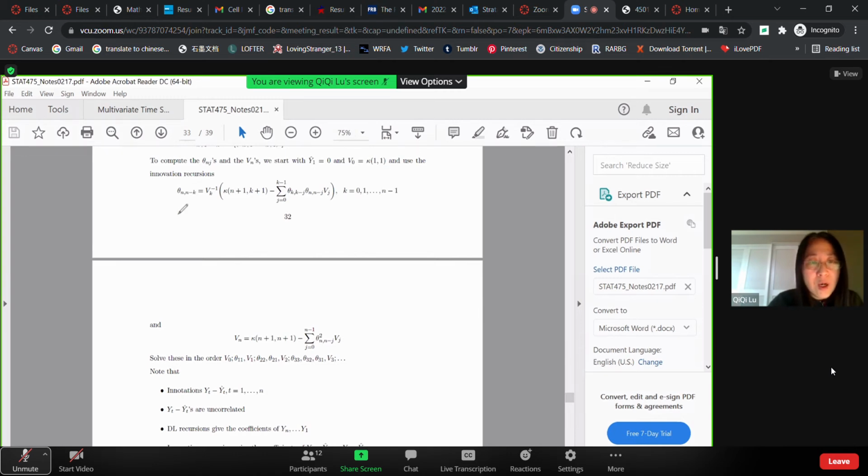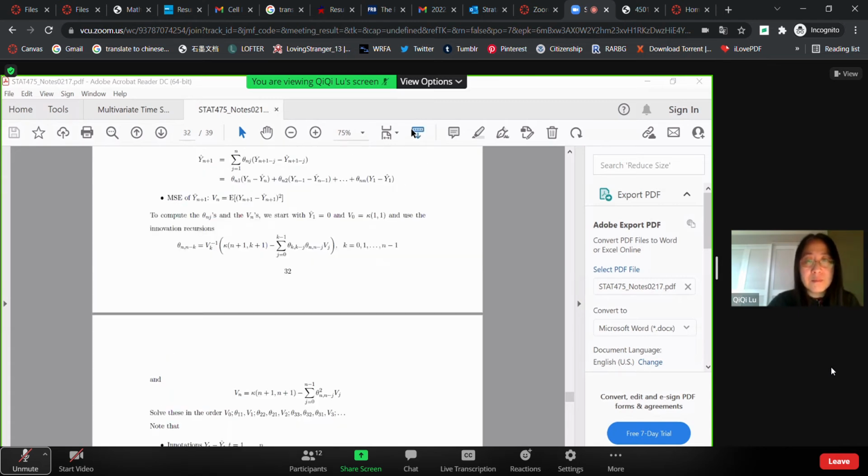Let's see, we start with V0, and V0 is right here. V0 is kappa n plus 1, starting with n equals 0, so that's 1. This term is 0, this term is 0, and then we calculate theta 11 using this formula.